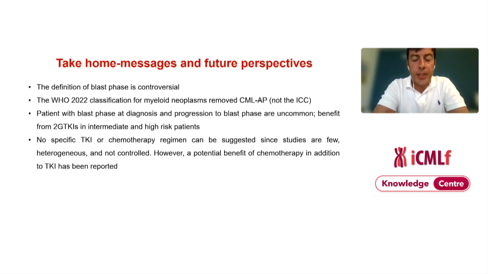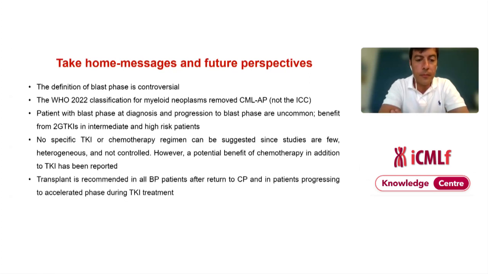No specific inhibitors or chemotherapy regimen can be suggested because we have few studies that are heterogeneous and not controlled. However, a potential benefit of chemotherapy in combination with TKI has been reported. So in general, the panels of experts recommend the use of combination therapy whenever possible.